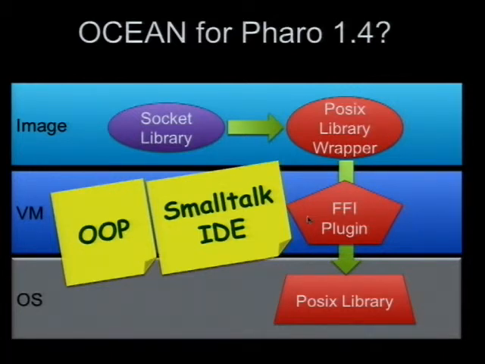Actually, we didn't use plain FFI, we used Alien FFI, but choosing one or the other is not critical. The idea is that we wrap the POSIX library, and we don't use a specific plugin for the network. So all the development is done in Smalltalk with FFI calls. We rely on the Smalltalk IDE for the whole chain, including the tests.